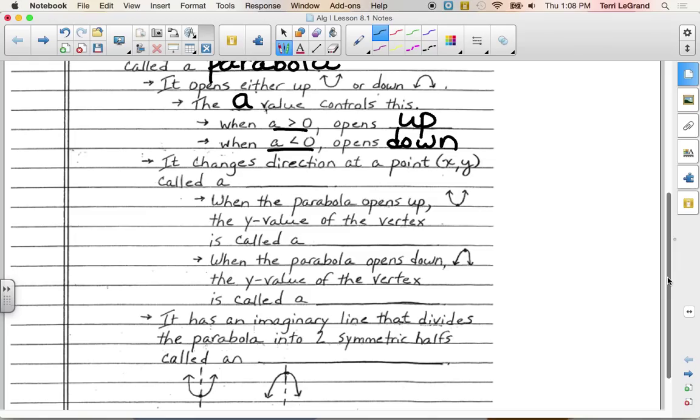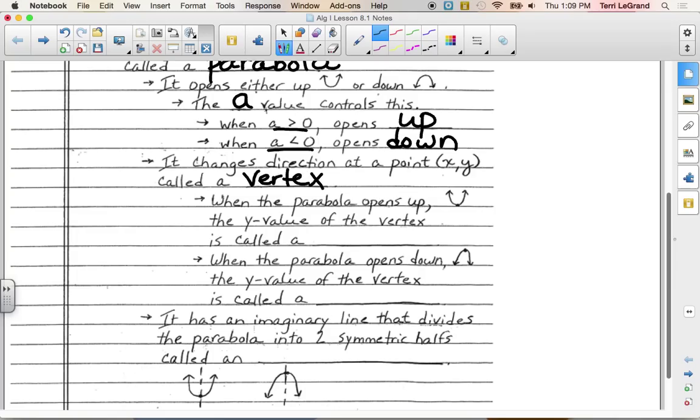So there are lots of things that have parabolic activity, and they either reach a peak because they go up and reach that peak and then come back down, or they reach a minimum, they can't go any lower, and then they come back up. That's an important thing about quadratic behavior. It changes direction at that point where it reaches its peak or its lowest point, at what's called a vertex.